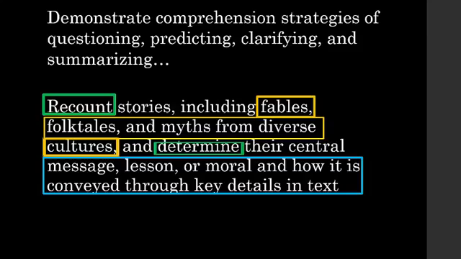And I want you to know that it is absolutely fine if you see common words or phrases within standards. It is absolutely okay if you decide you want to try and combine two or more standards into one objective.